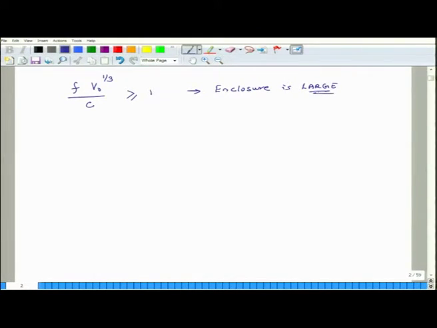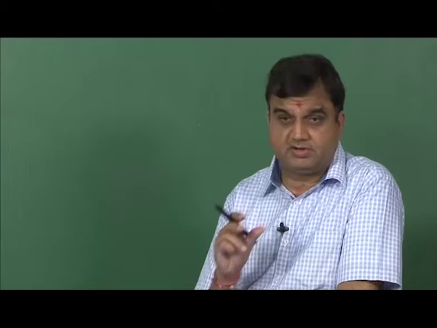Okay. So, what does that mean? As f keeps on increasing, frequency keeps on increasing, there could be an enclosure which may not be large for small frequencies, but for higher frequencies it can be large. So, whether an enclosure is large or not, it depends on the frequency or frequencies of interest.